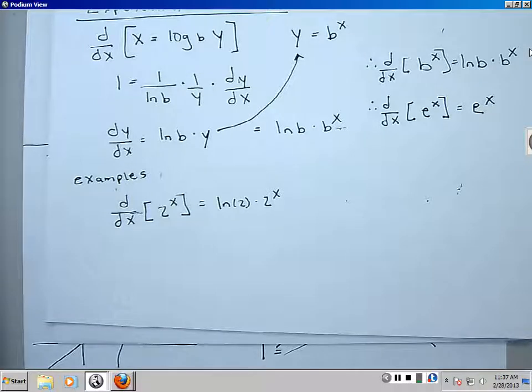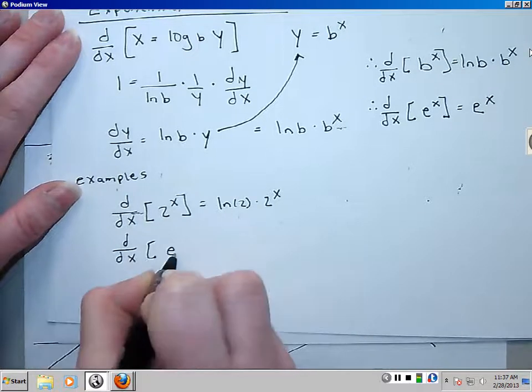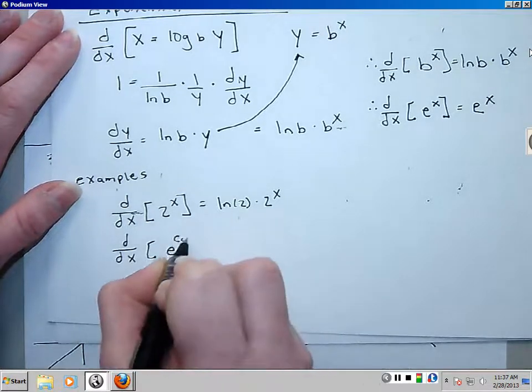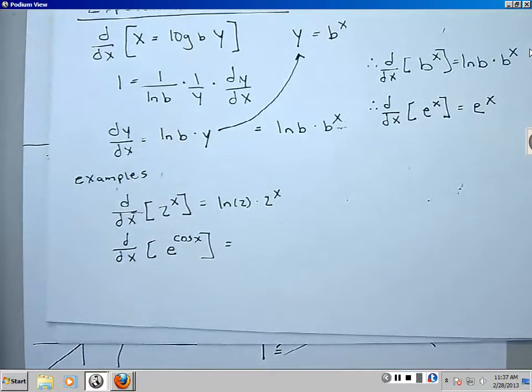So, okay, what's the derivative with respect to x of e to the cosine of x? This is a chain rule. What's the derivative of e to a power? e to that power times the derivative of that power.